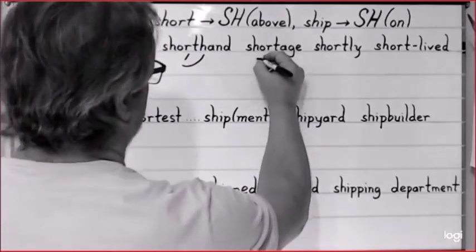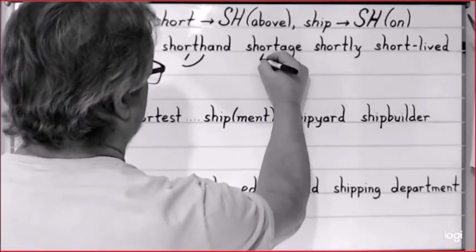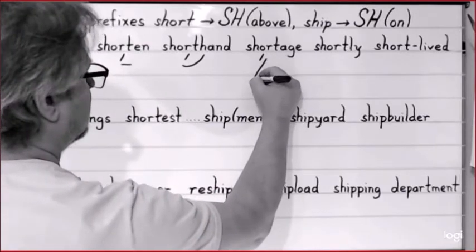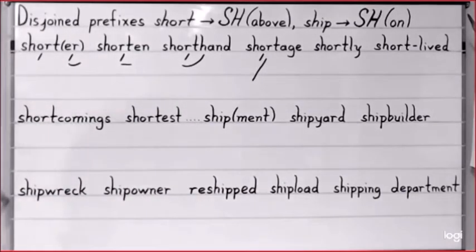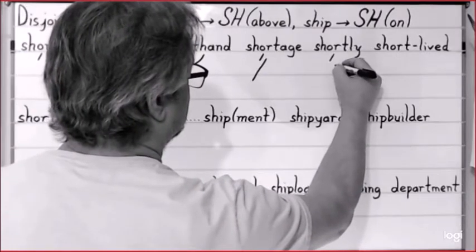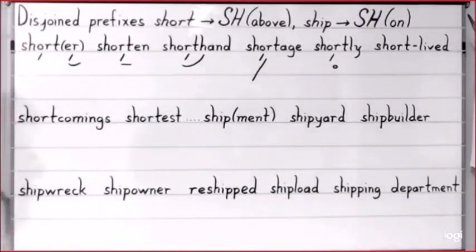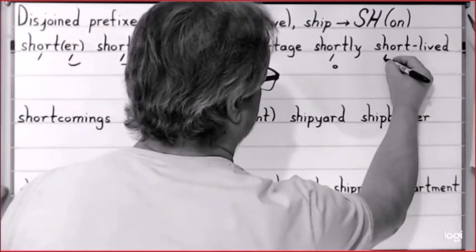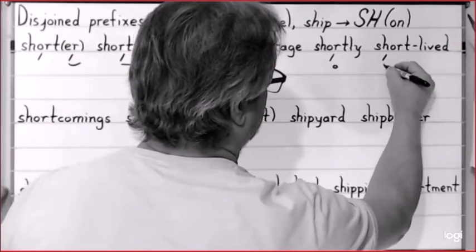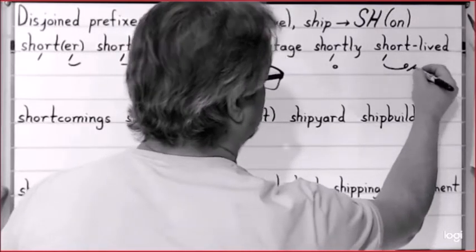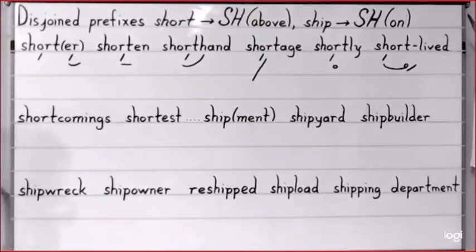Shortage is the SH and then a J. Shortly is an SH and then an E. Short-lived is an SH for short, and then LE, and then a T at the end, disjoined for short-lived.